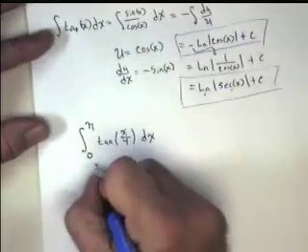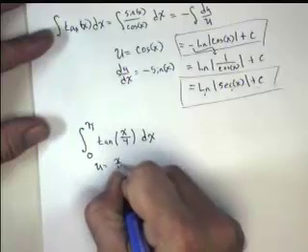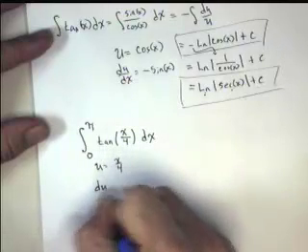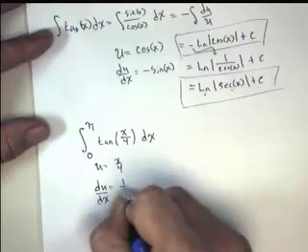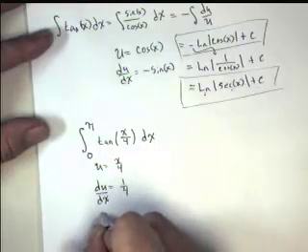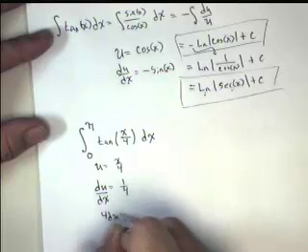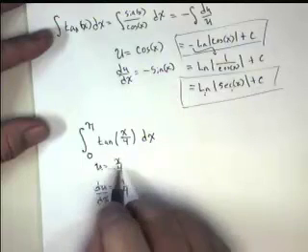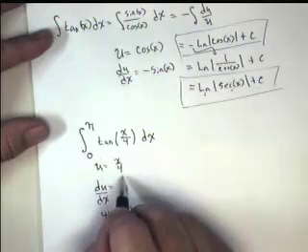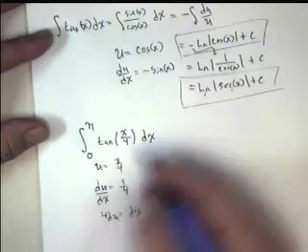Here we'll let u be x over 4, so du over dx is 1/4, and 4 du is dx. Now, when x is 0, u is 0. When x is pi, u is pi over 4.